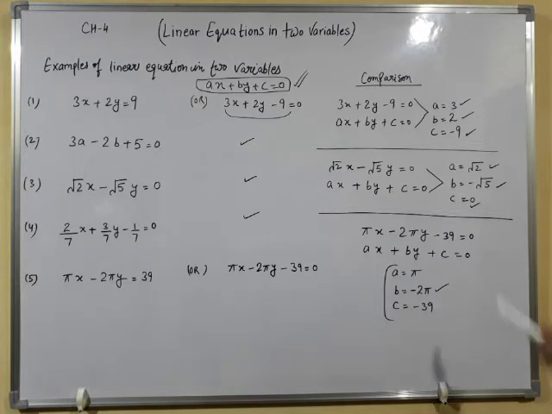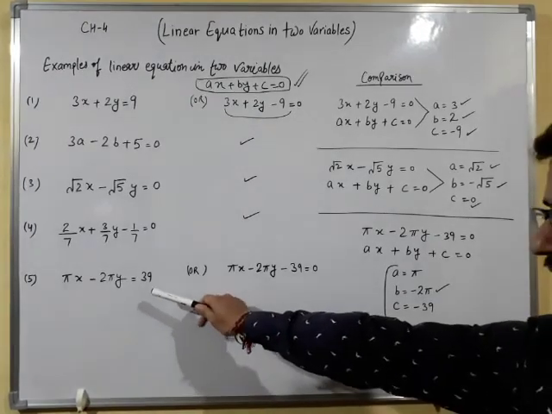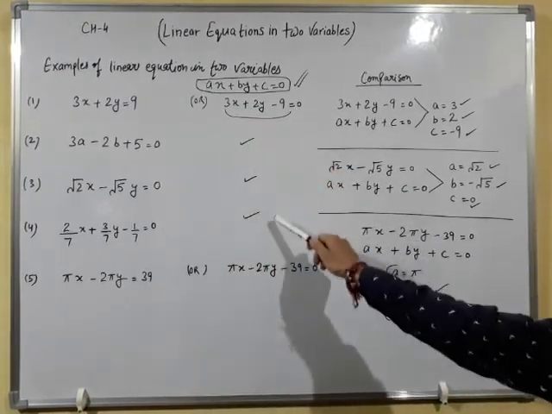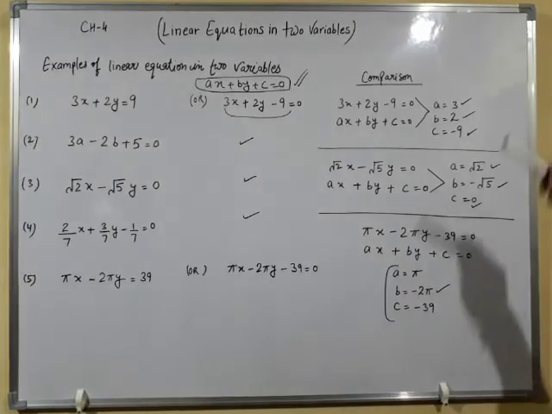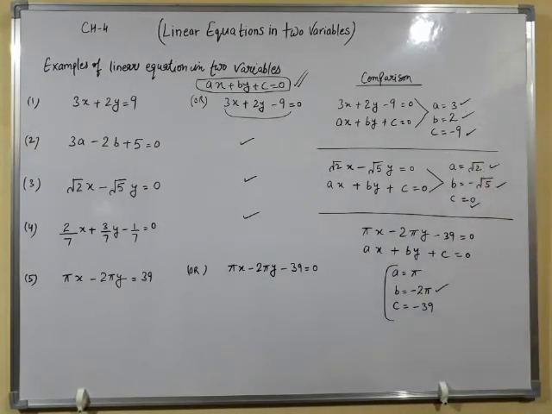And here we have studied a few examples of linear equations in two variables, and we have converted non-standard form into standard form, and then we have compared the given example with the standard form, and after comparing we have obtained the values of a, b and c.